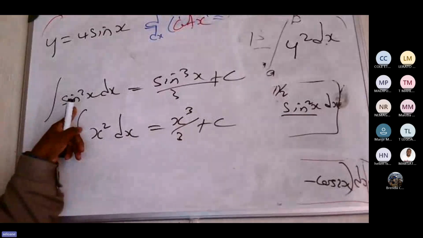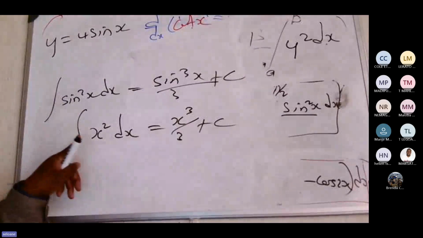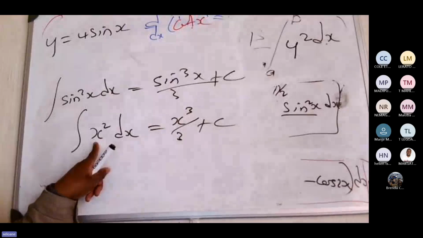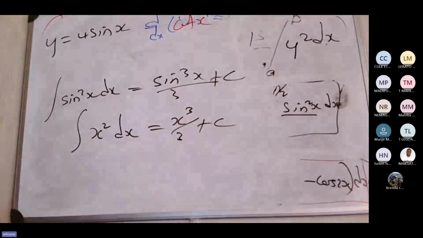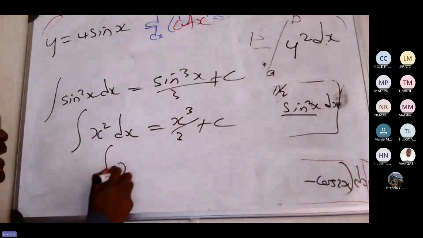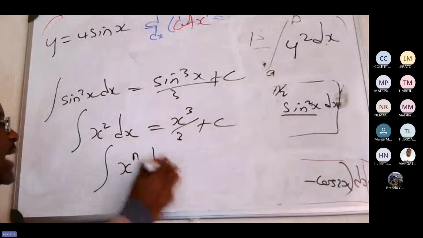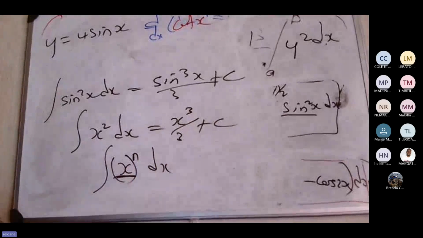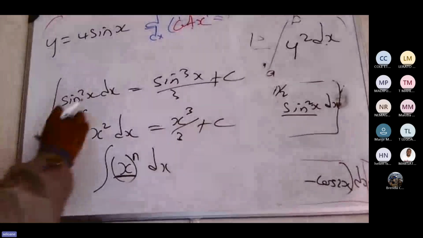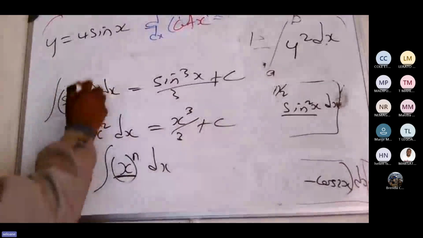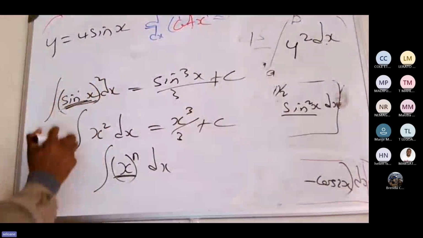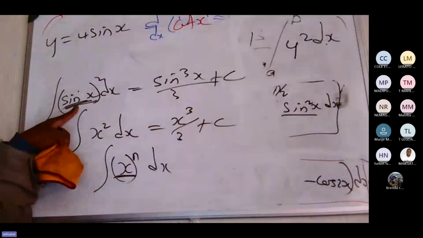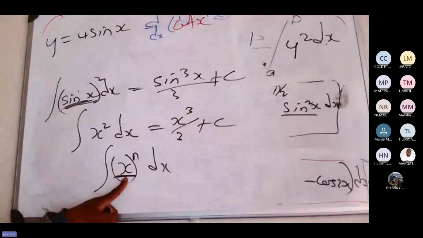This is not standard because you can't use this. For this, we are using the power rule, x exponent n, and this is just a monomial x. But this one is not a monomial x. This is a function, and this is just a monomial.